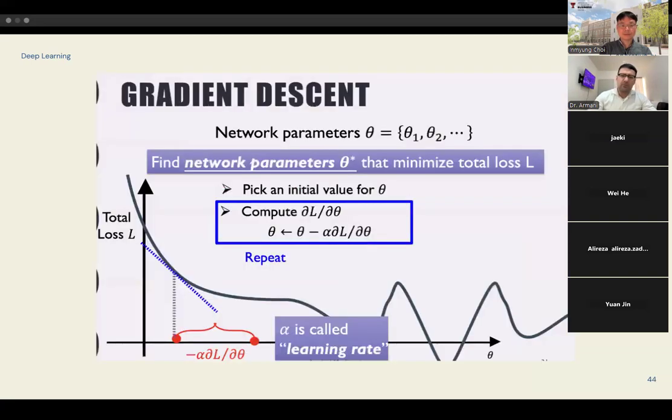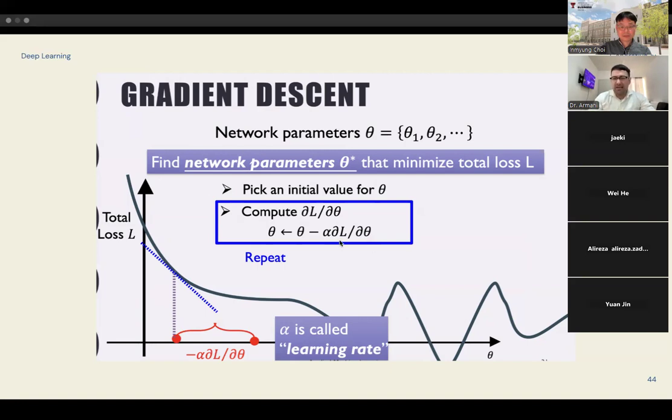So how do we adjust the weights once we have the loss function? We define the loss function for the model. To adjust the weights, we should compute the gradient of the loss function with respect to the weights, particularly the partial derivative of the loss function with respect to each of the weights.